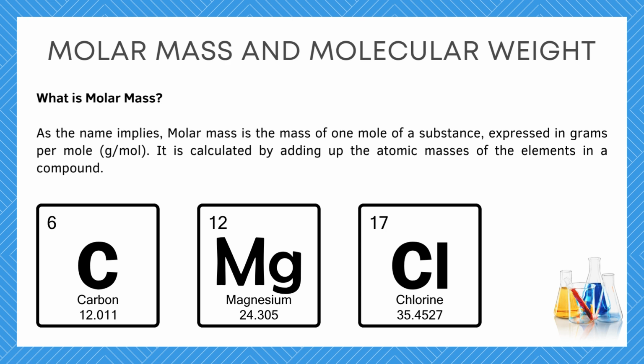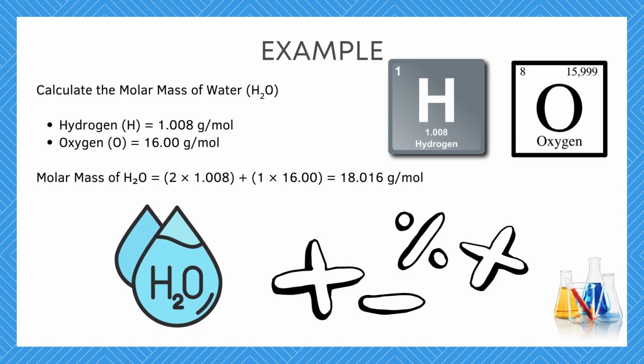Now, a compound is simply what is produced when two or more elements combine together chemically. So for instance, let's say I have water, H2O. Whenever I measure the atomic masses of the individual elements and I add them up together, that will give me the molar mass of water. And we'll do some examples in a jiffy.